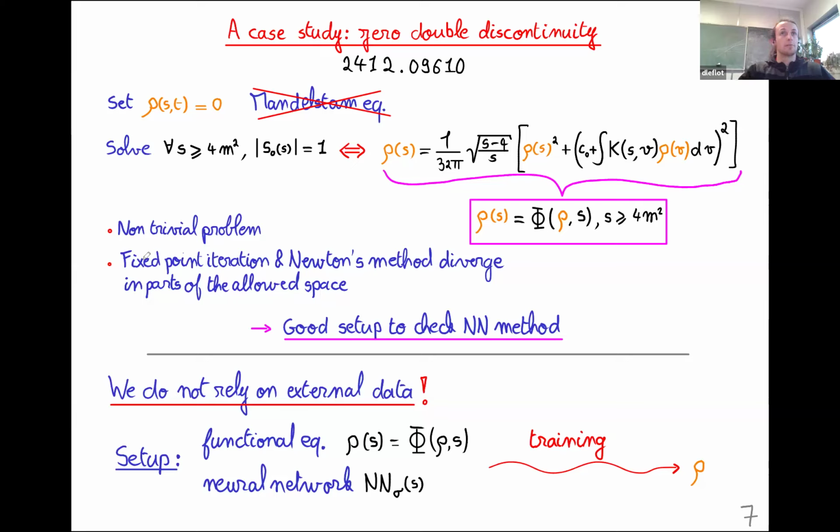The neural network method also worked when the fixed point and Newton method was failing in 2D, for the case with a unique CDD factor.